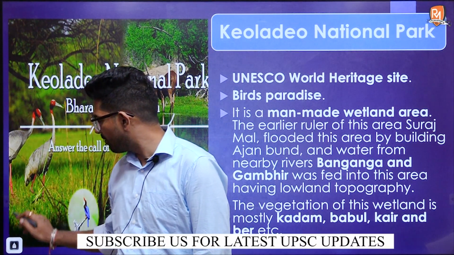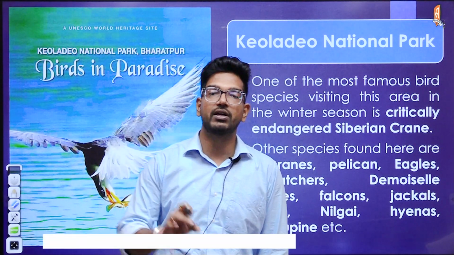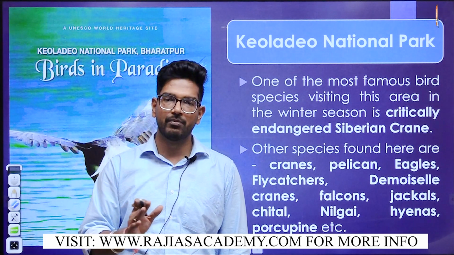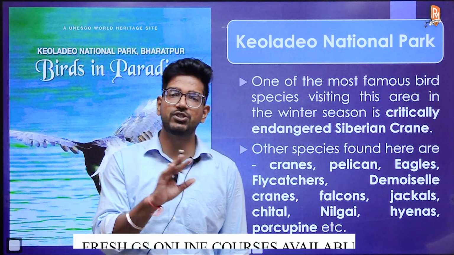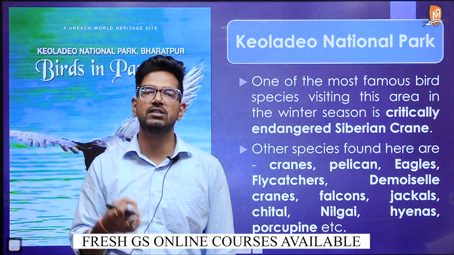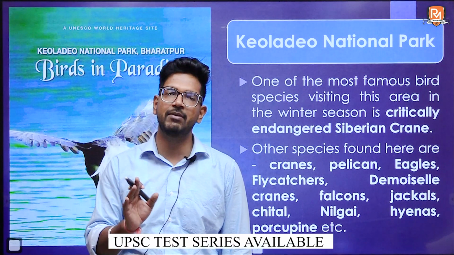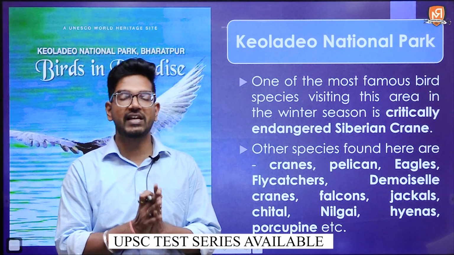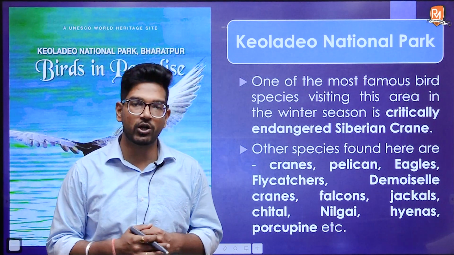It is famous for the critically endangered Siberian crane. Other than cranes, you can find pelicans, eagles, flycatchers, nilgai, and hyenas. But you have to remember that the critically endangered Siberian crane can be found here during the winter time. That is very important for you.